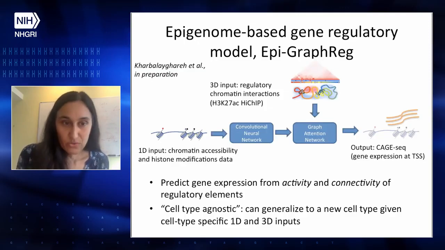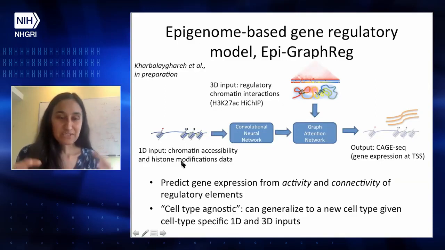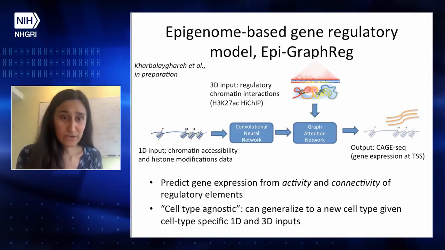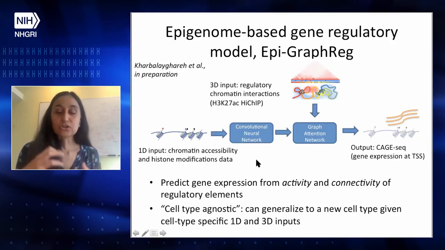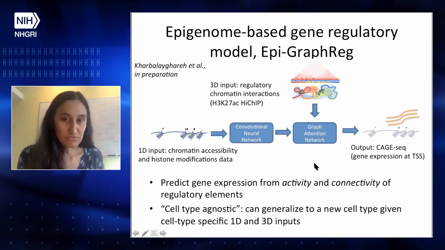Okay, with this model, what we do is the inputs are chromatin accessibility and a minimal set of histone modifications. We actually just use one promoter mark and one enhancer activity mark. Okay, we go through a few CNN layers, and this helps us learn local features of the chromatin. And then we pass through several graph attention network layers.